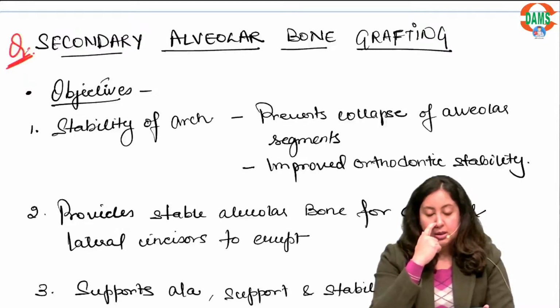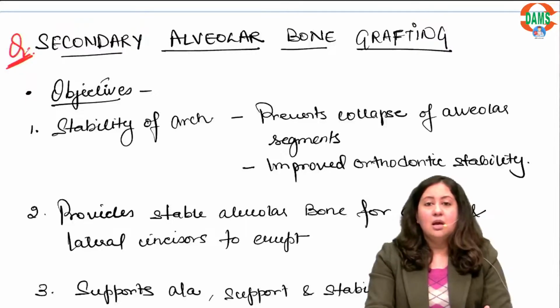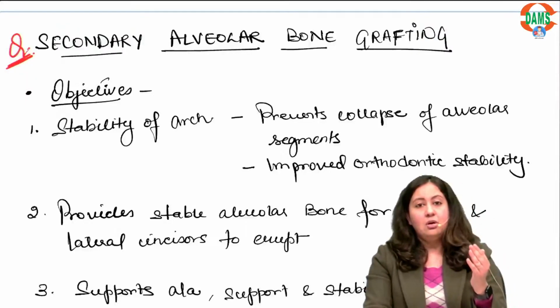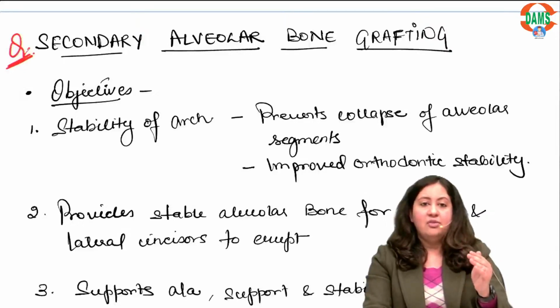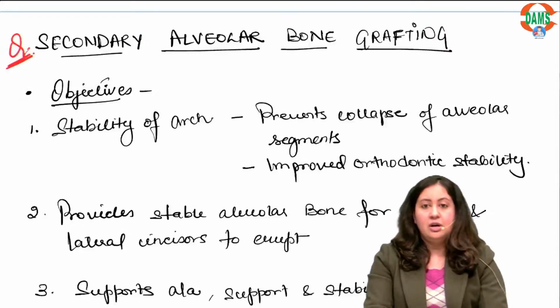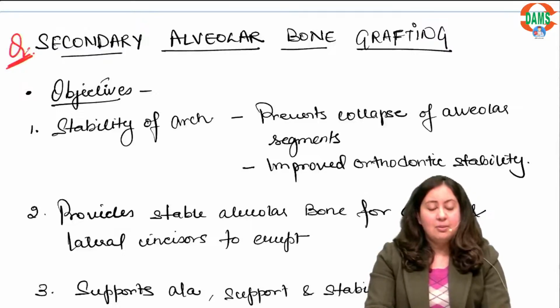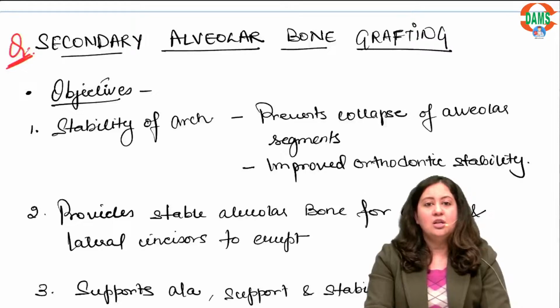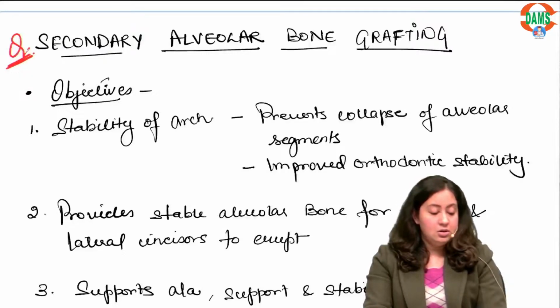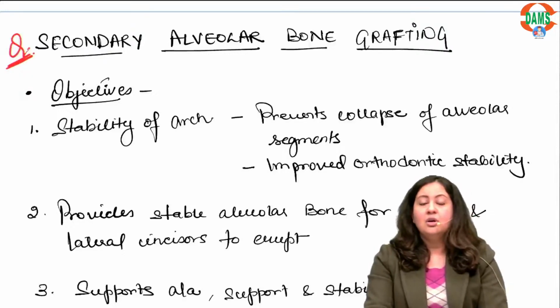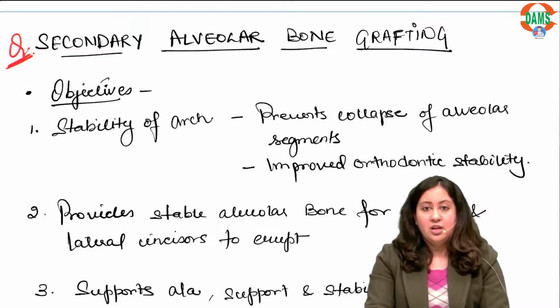Now the thing is that when there is a cleft palate which is extending into a cleft alveolus, due to insufficient bone in the alveolar region, you are going to have problems in eruption of teeth.